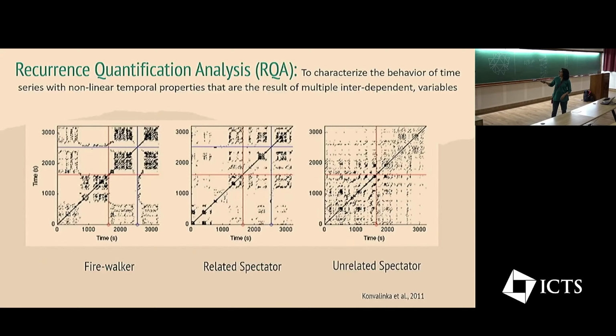Why I say this is a more refined analysis of synchrony, it is known as recurrence quantification analysis because it is sensitive to the temporal order of the dynamics of the heart rate signal.